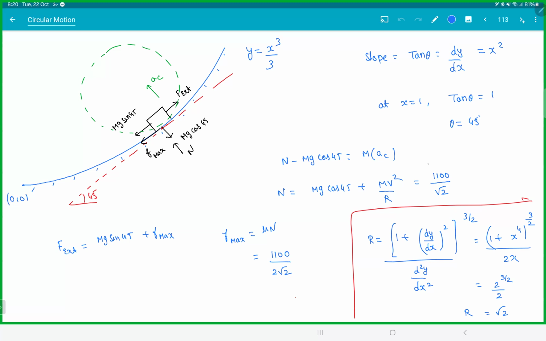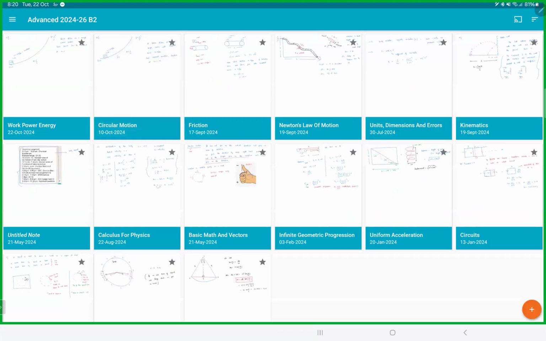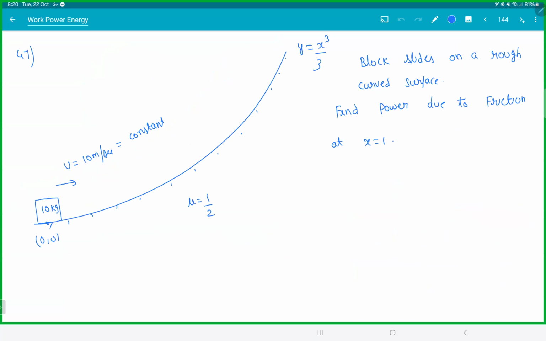Done. Exact same question. We have to use radius of curvature. That is the sad part. You guys didn't even remember that we did something like this. So how do we do this?